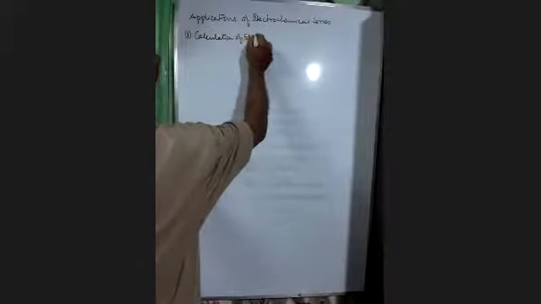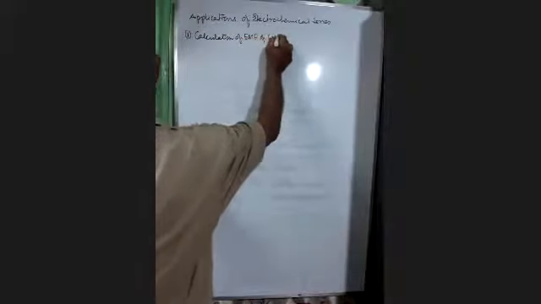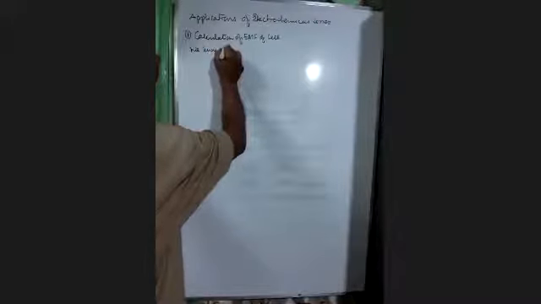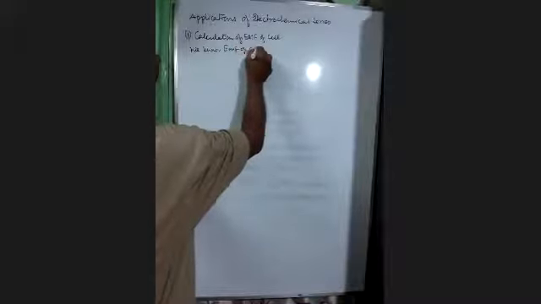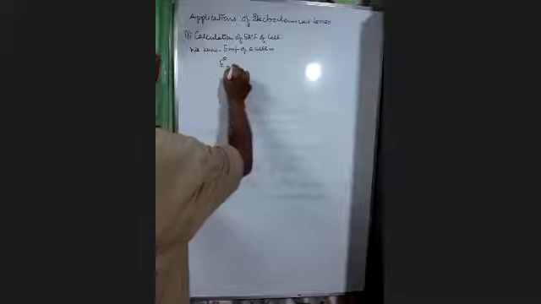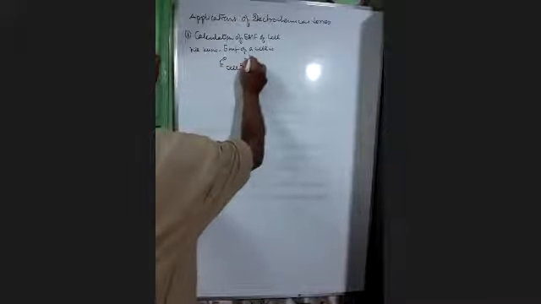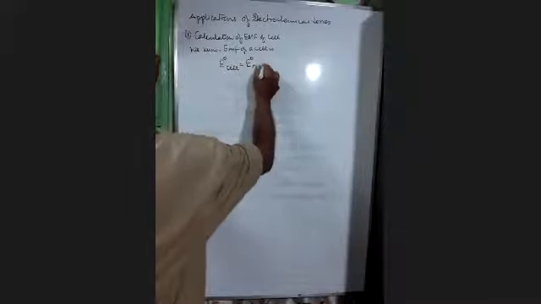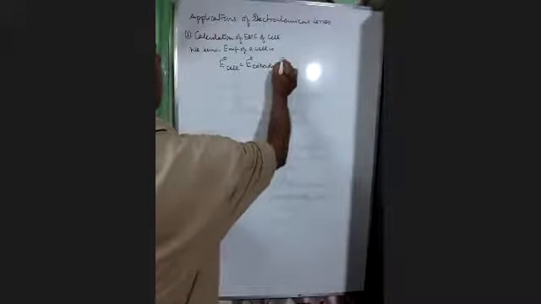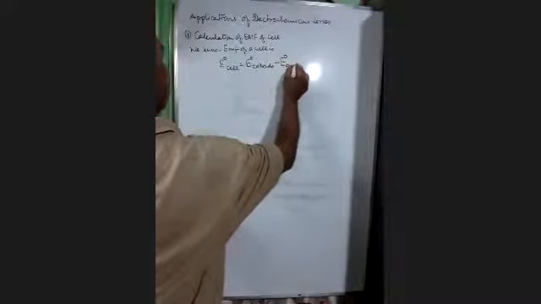Calculation of EMF of a cell. We know EMF of a cell is E0 cathode minus E0 anode.